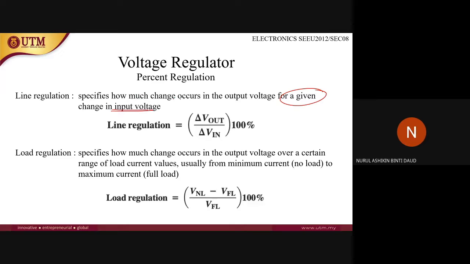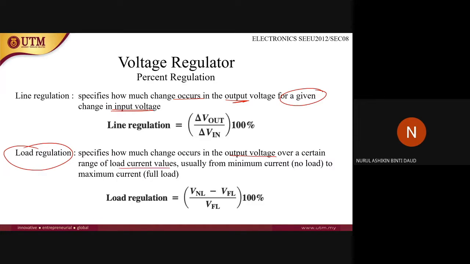So the formula is delta output divided by delta input, and since it is a percentage, you times 100%.